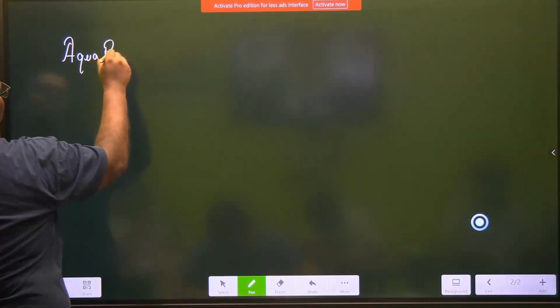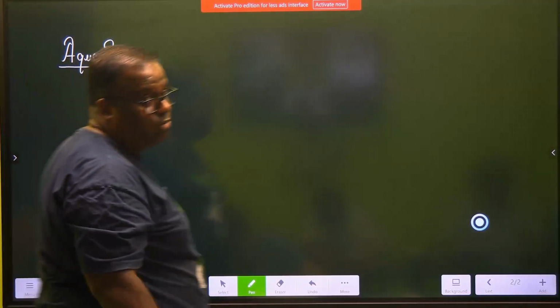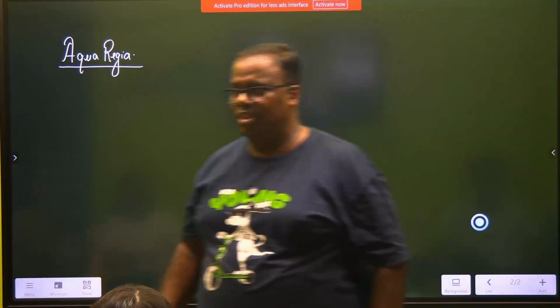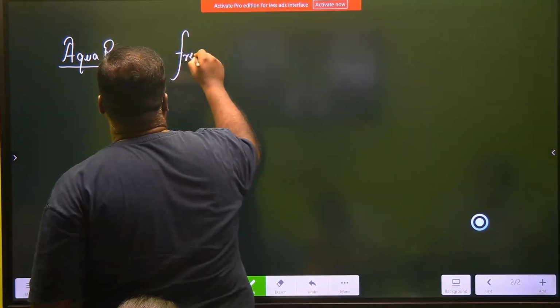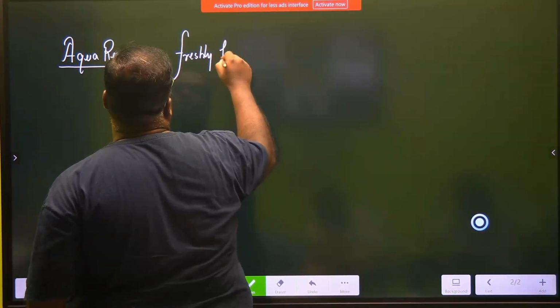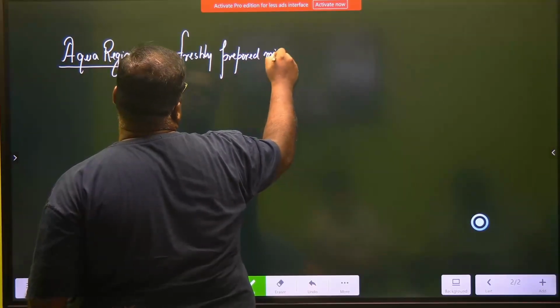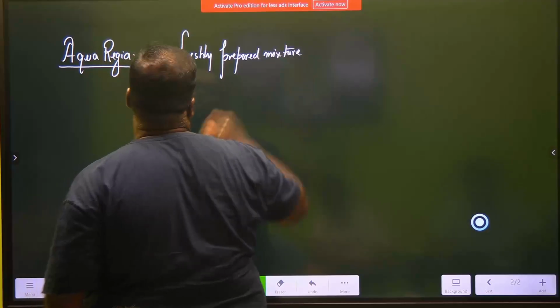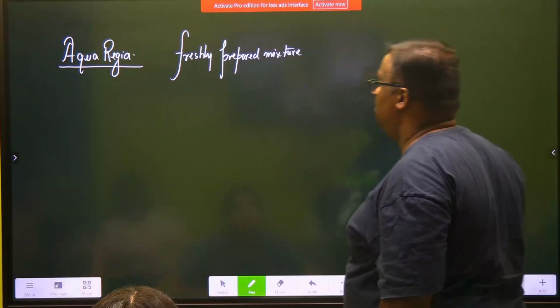Clear? Another thing I wanted to share was something called aqua regia. Heard about it? Aqua regia, very dangerous. Aqua regia is a mixture, and it is known as a freshly prepared mixture. Freshly prepared mixture means the mixture will be prepared only when it is necessary. It is not stable. It is a dangerous thing.